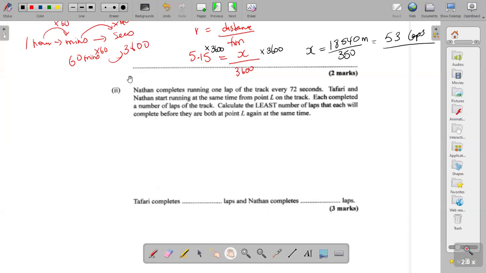Okay, let's go. Nathan completes running one lap of the track every 72 seconds. So one lap every 72 seconds.